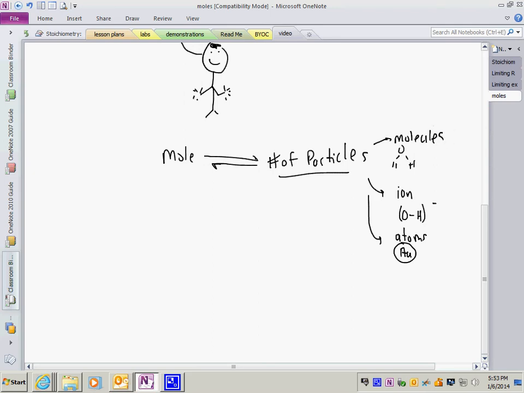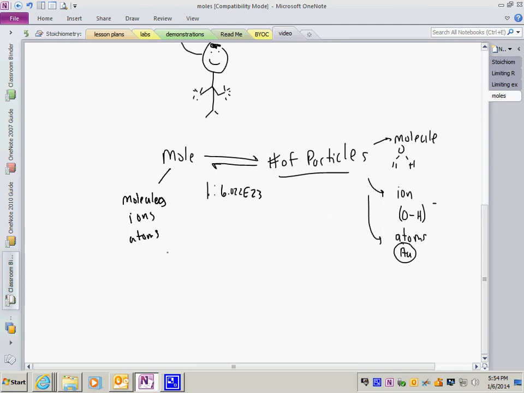So that would make sense that since it's simply a 1 to 6.022 e to the 23rd linear relationship, we also would have moles of molecules, moles of ions, and moles of atoms. It just means the same thing.